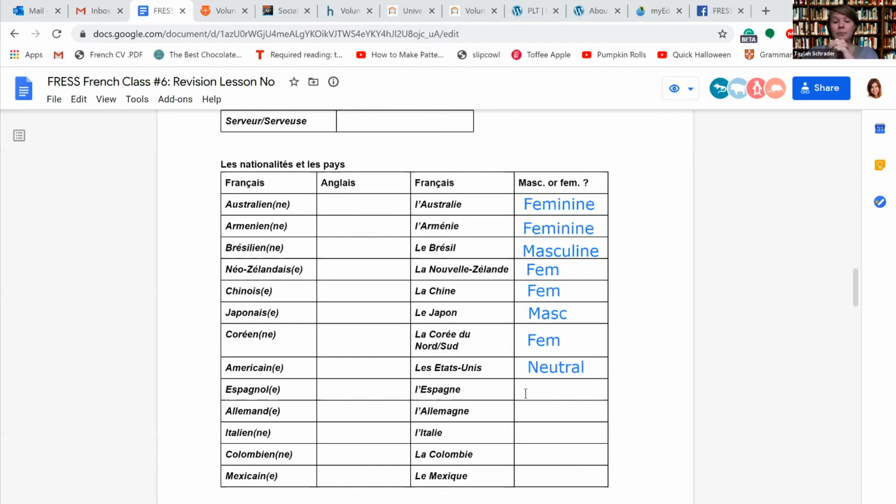Then you have l'Espagne. Does anybody have an idea of what country this is? Spain. Yes, so it's Spain. And is it masculine or feminine? Feminine, that's right, because it's got the E on the end, doesn't it? What about l'Allemagne?